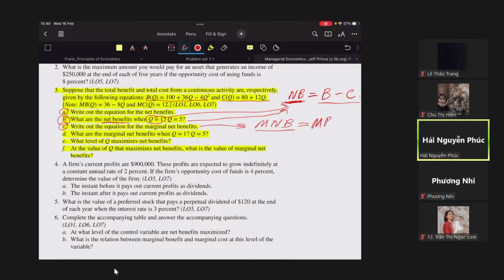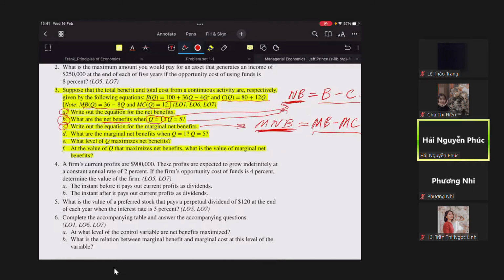Yeah, pretty good. It is MB minus MC. That's good, right? So based on the given information, you can see that here is the marginal benefit, here is the marginal cost, and we can easily write out the equation for marginal net benefit.